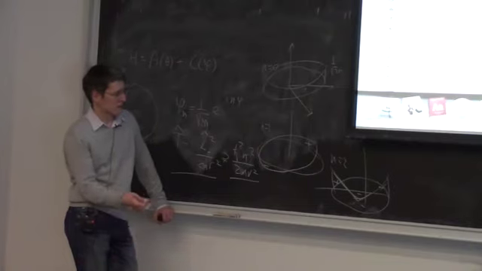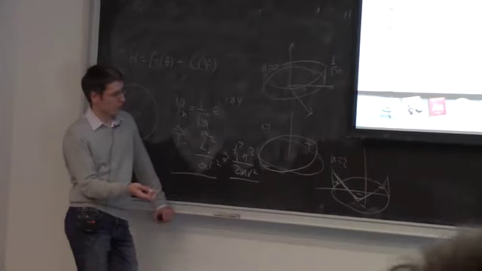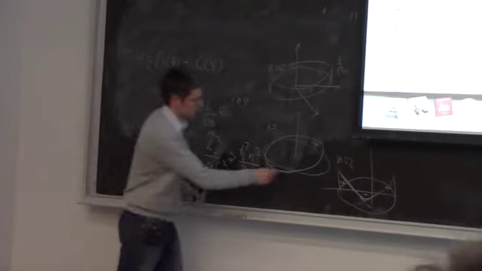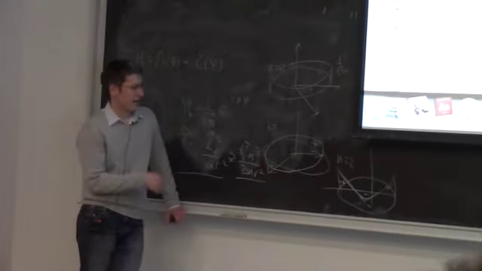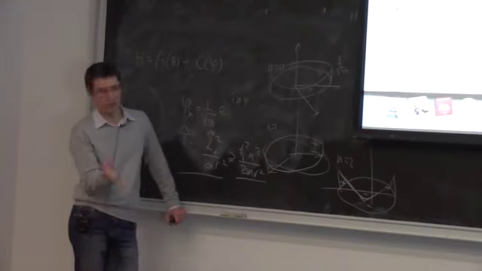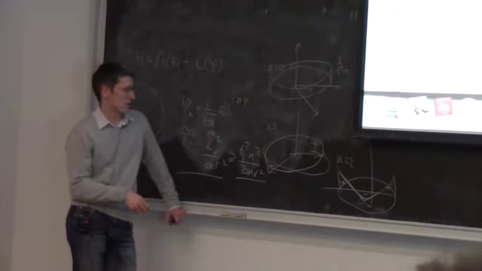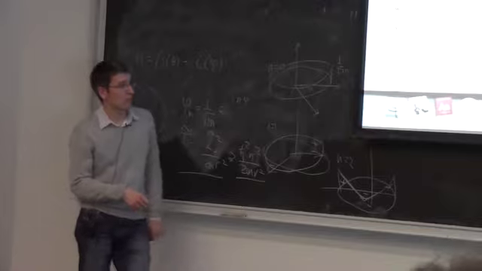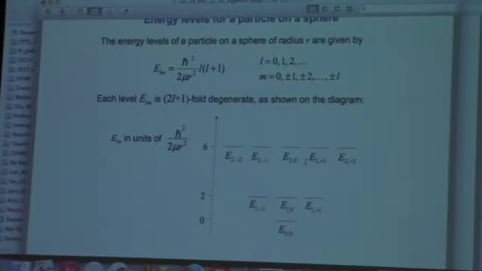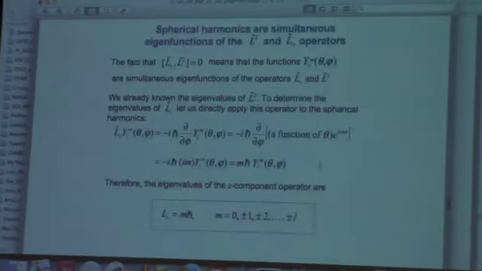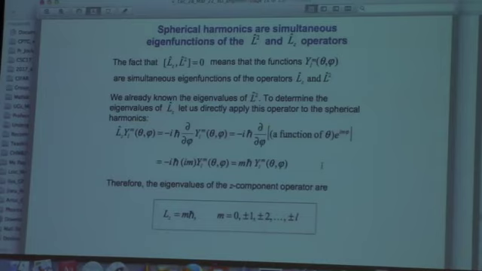But essentially, there is some symmetry property of the function with respect to what happens when we rotate the system of coordinates, and how the function will change when we rotate it. So that will be important for the spin. But for now, let's just move on.